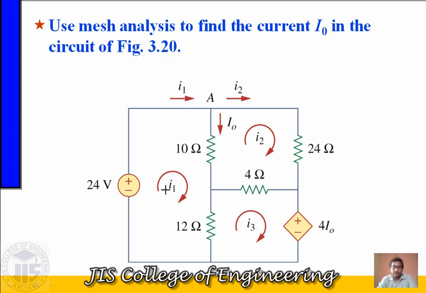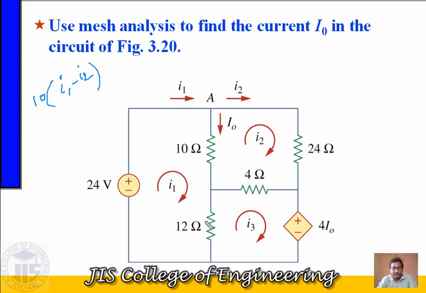So for this first mesh, I1, what will our equation be? There is a 10 ohm resistance, which shares the I1 current as well as the I2 current. So we can write at the start 10 times the currents: I1 is up to down and I2 is down to up, so 10 (I1 minus I2).